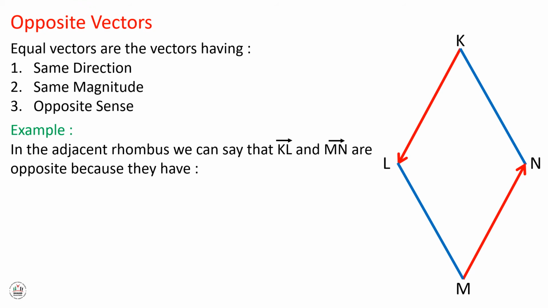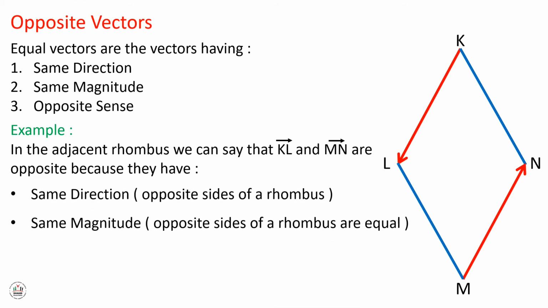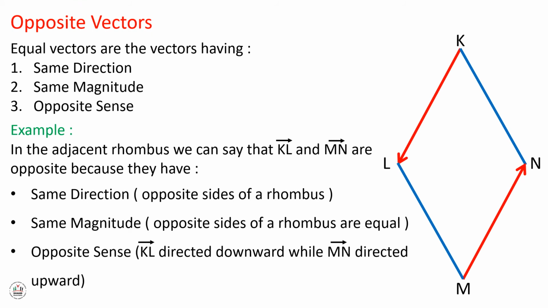So the vector KL directed from right to left, while the vector MN directed from left to right. So we can say that KL and MN are two opposite vectors. We see that opposite sense, KL directed downward while MN directed upward. We can say that also.